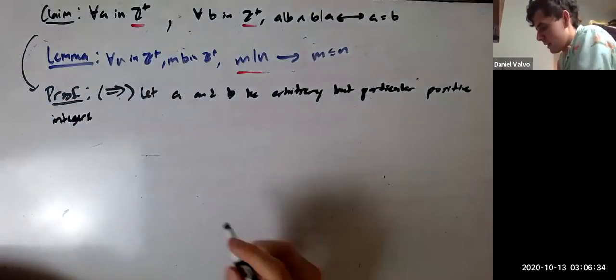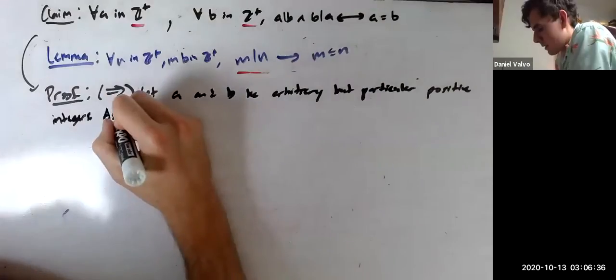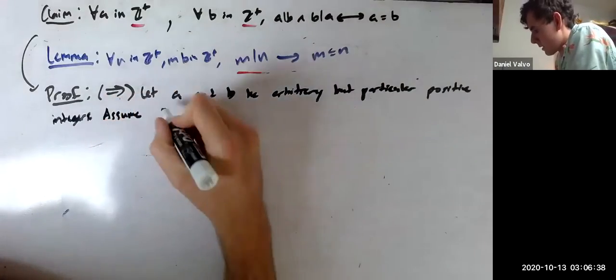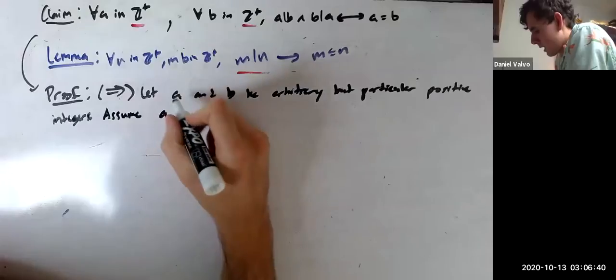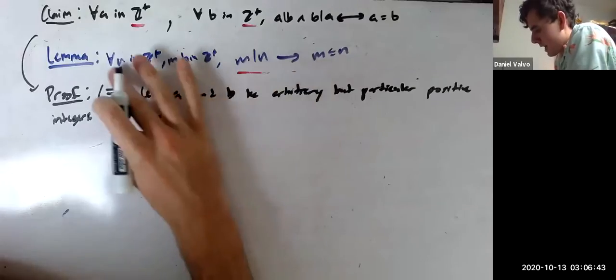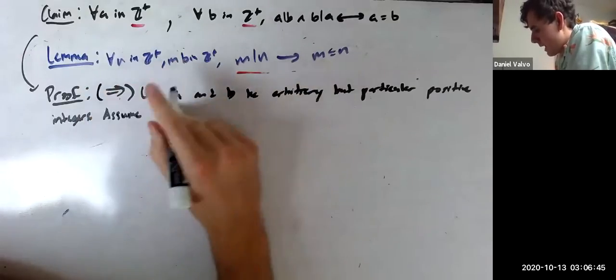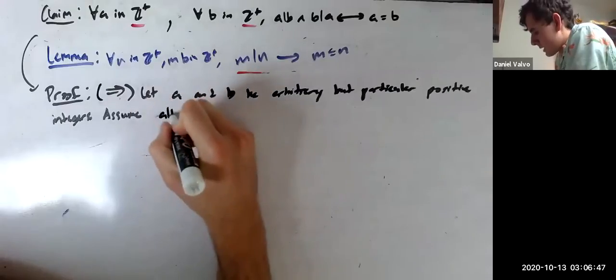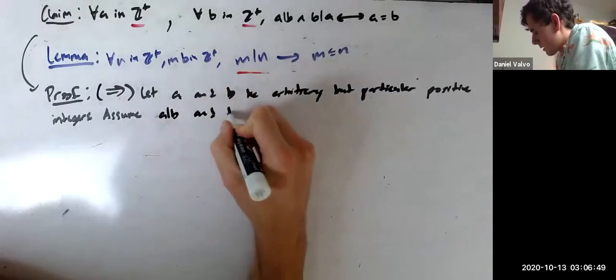All right. Now assume A divides B and B divides A.